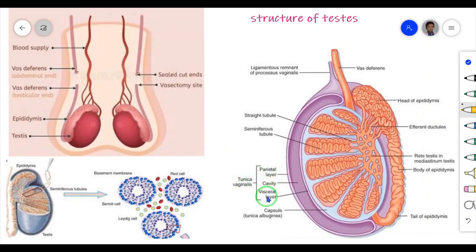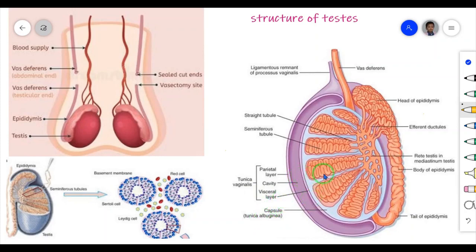Here also three areas are present: the parietal layer, the cavity, and the visceral layer. Between the parietal and visceral layers, the space is known as the cavity. So the first layer is fibrous tissue, the capsule or tunica albuginea, and the second is tunica vaginalis.